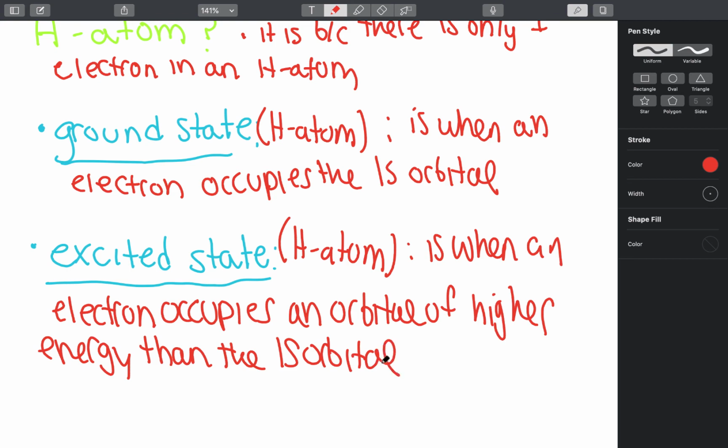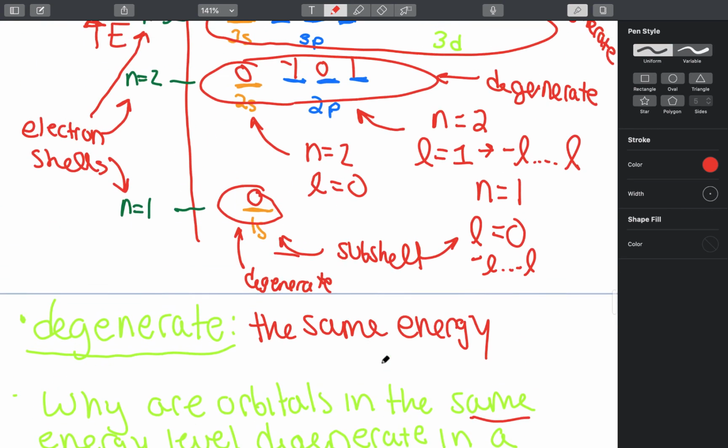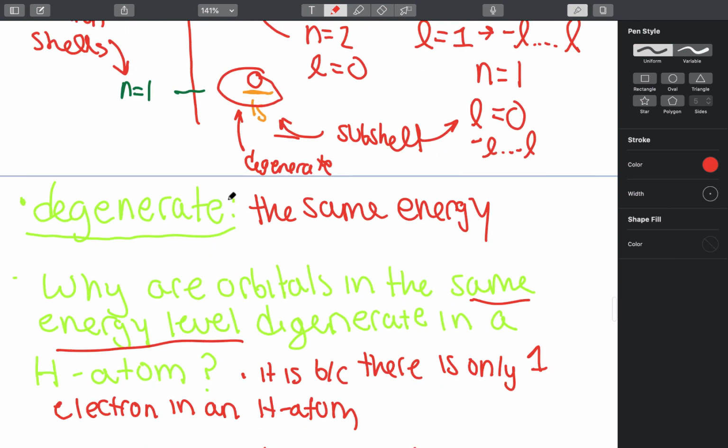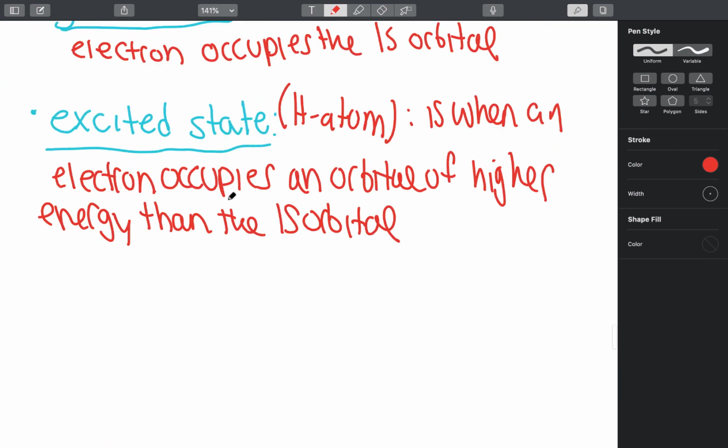So when your H atom's electron occupies an orbital higher than the 1s, so in this case a 2s, 2p, 3s, 3p, 3d, etc., then we say that that electron is in the excited state.